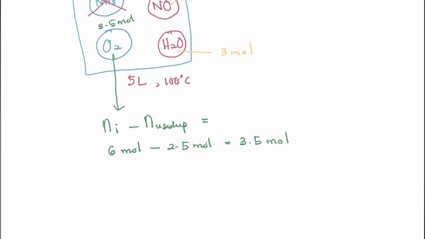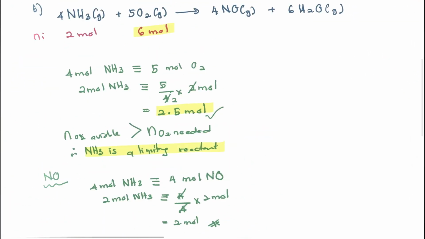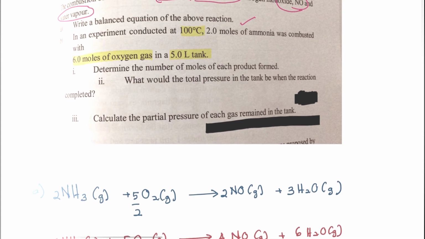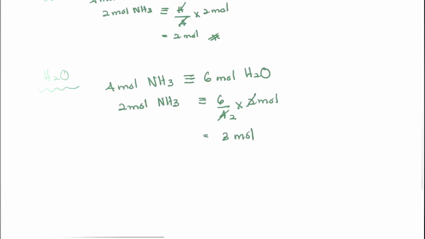So let's read the question together. After we determine all the number of mole, determine the number of mole of each product formed. So we already determined. This is the answer for nitrogen monoxide. This is the answer for water vapor.